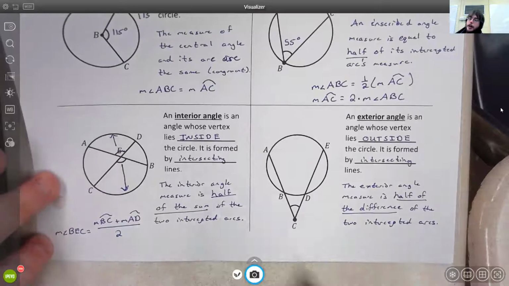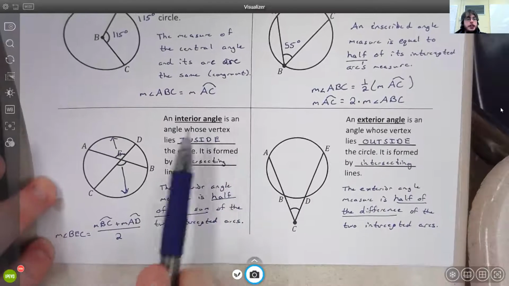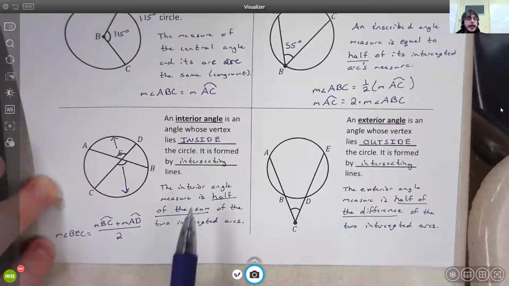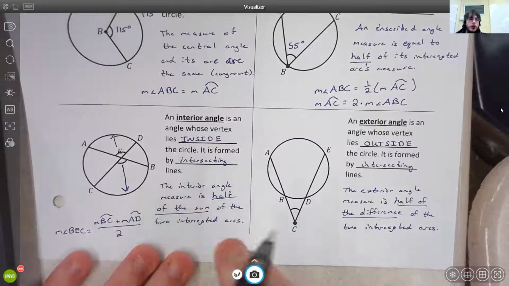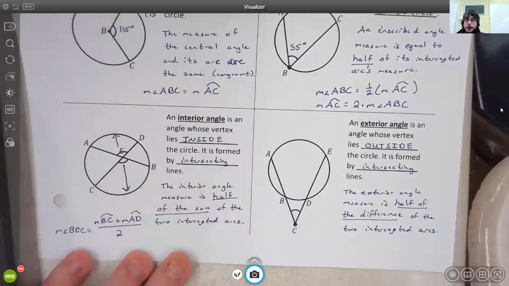Now you can think of it like this. If you are with a circle of friends, you are part of the circle of friends, you are an addition to that group, right? You're welcome in that group. So when you're inside of a group, when you're inside of the circle, you're going to add, you're going to take the sum.